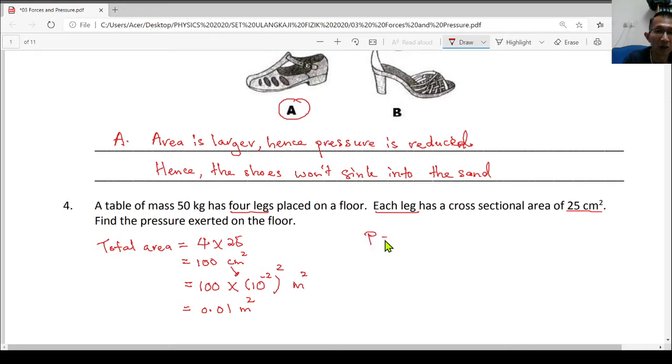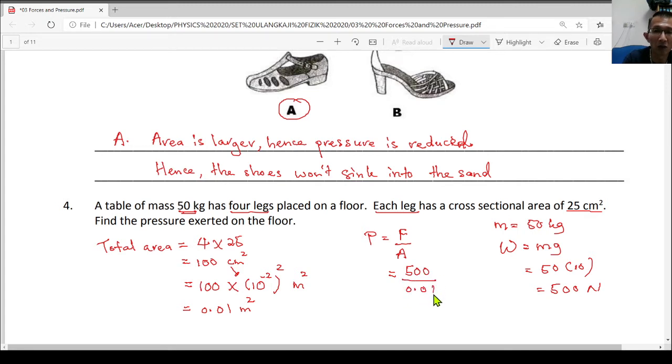We are to find the pressure. So pressure equals force over area. The mass of the table is 50 kilogram. Therefore, the weight, W equals mg. So m is 50, g is 10, so you will have 500 Newton. So force is 500 divided by the area 0.01.